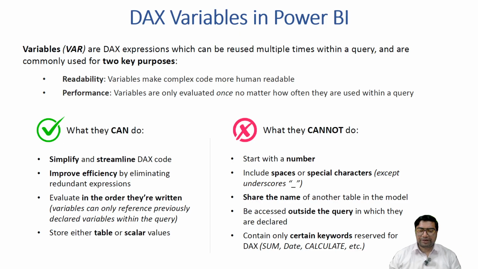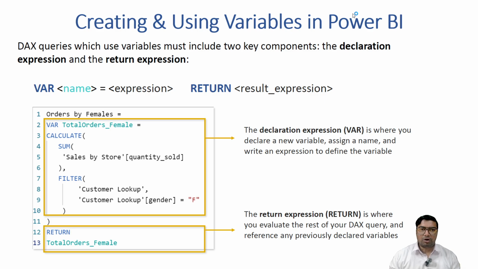Let's understand some more about how to create a variable in Power BI. A DAX query with a variable must include key components. First, you need to declare your variable. Second, the expression, the formula you use.